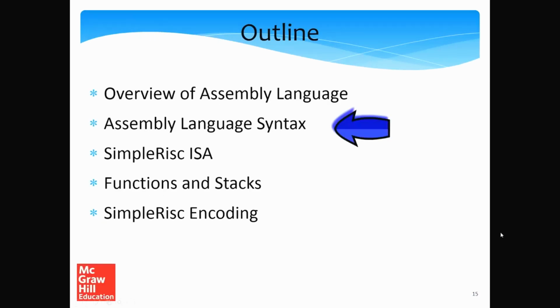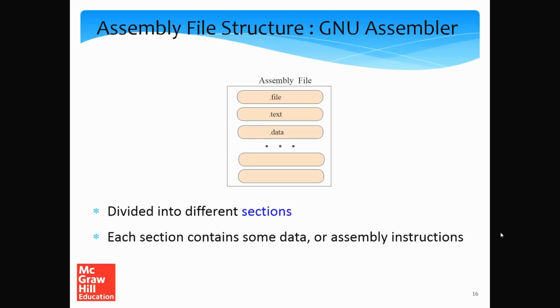Now let us take a look at the syntax of assembly language. Syntax basically refers to the way that assembly language is written. A typical assembly file looks as shown over here. There are many kinds of assembly languages for many kinds of architectures, many kinds of ISAs, so clearly all of them have different formats, sometimes very different formats.